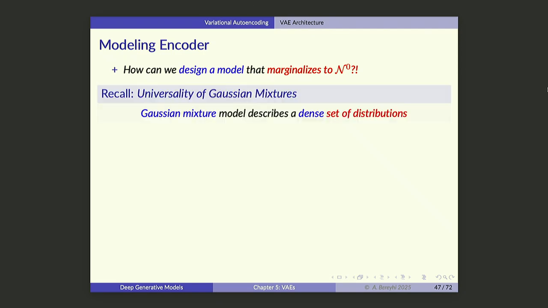Do you remember this result from last time? When we have a Gaussian mixture distribution, it is capable of mimicking pretty much any distribution. We talked about this before, right?